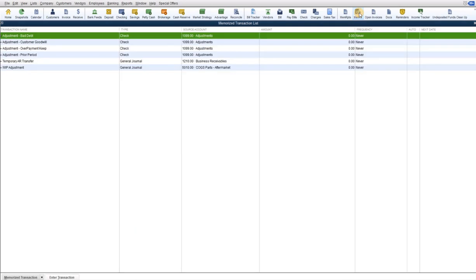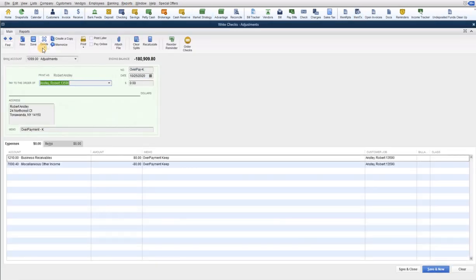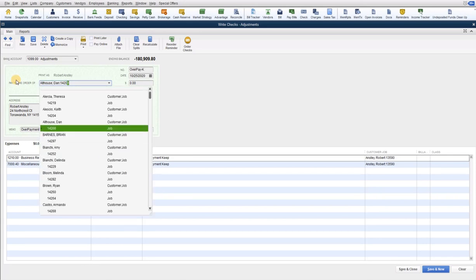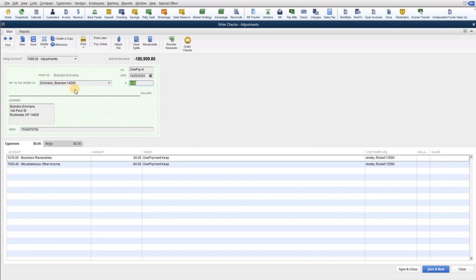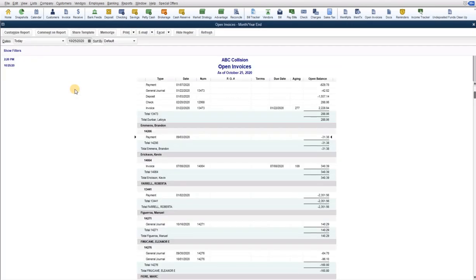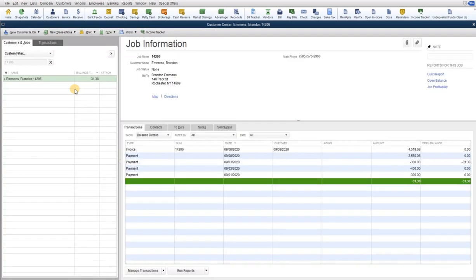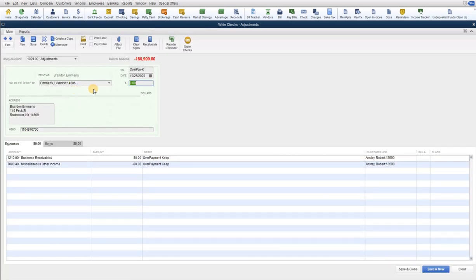We go to memorize transactions. We go overpayment keep, and we put in the repair order up here to pay the order is 14206. Now the date, we want to get back here, it's going to be payment 9/8, so I want to keep it in the same month, or 9/08/20.